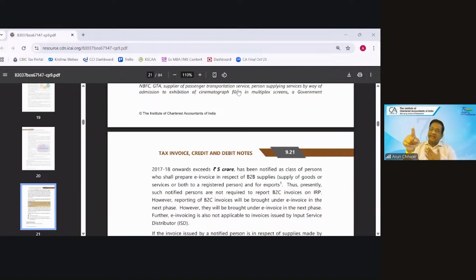Fine. So I'm an unregistered advocate. You are paying the tax under RCM. Will you prepare the self invoice? Answer is yes.